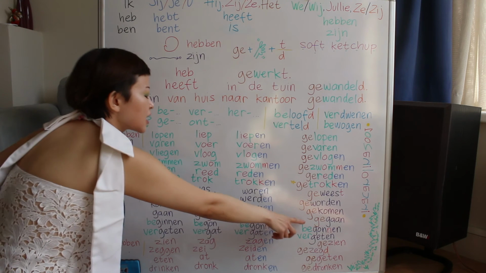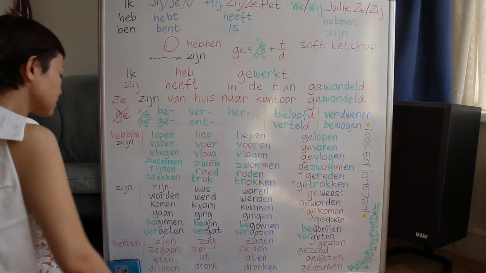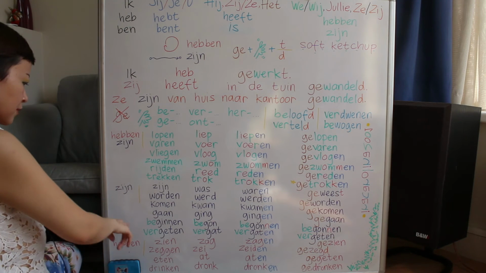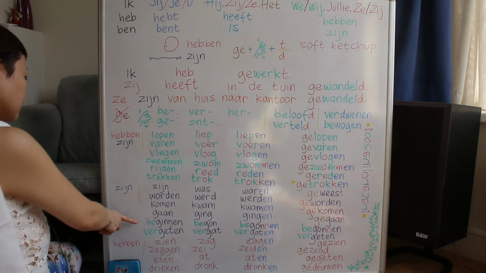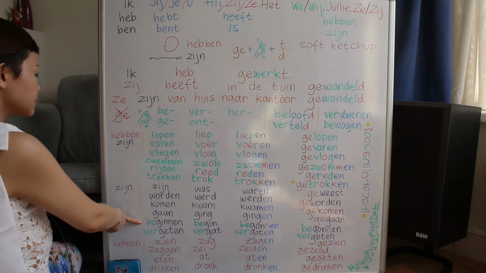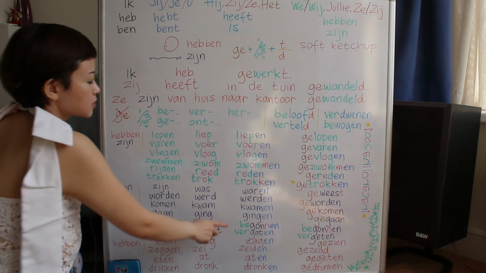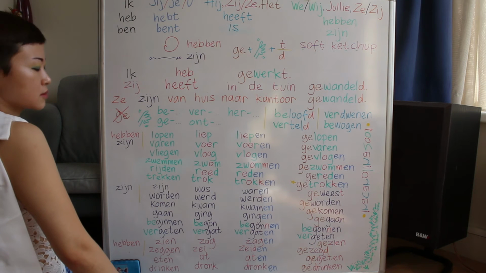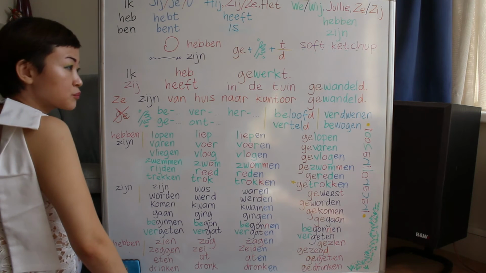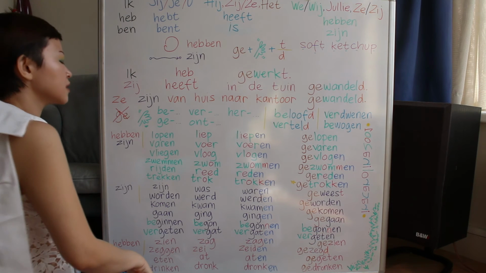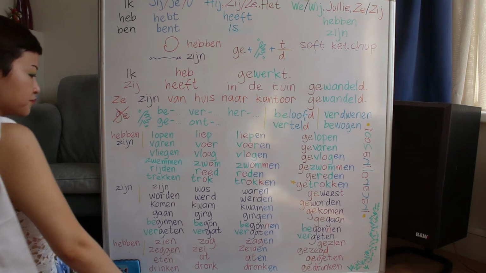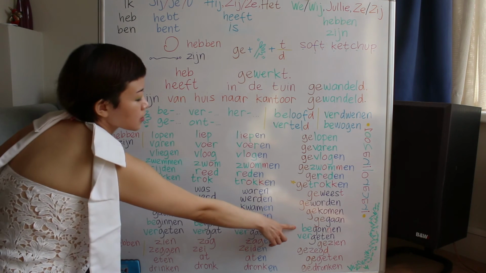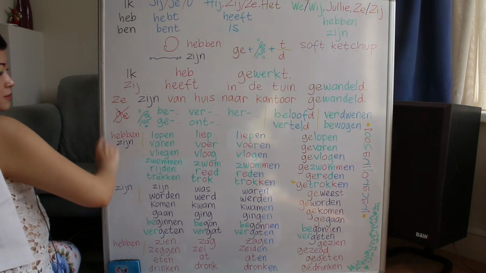We can see from this sentence, same words, but we use heeft and we use zijn. And several words that work with hebben also work with zijn. We can see here the verbs that work with hebben and zijn.